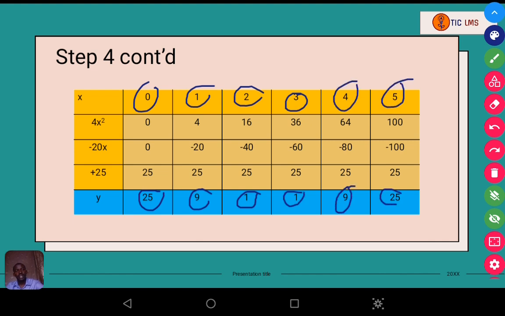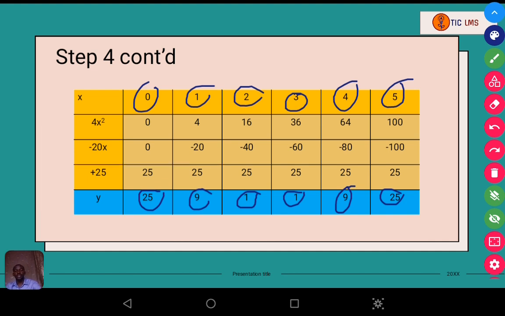That is part of what will help you determine what your graph will look like. Consider the values of x, 0 to 5, in this particular case. So most likely you would want to draw a graph.